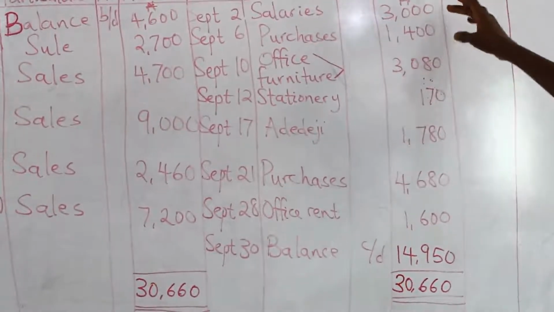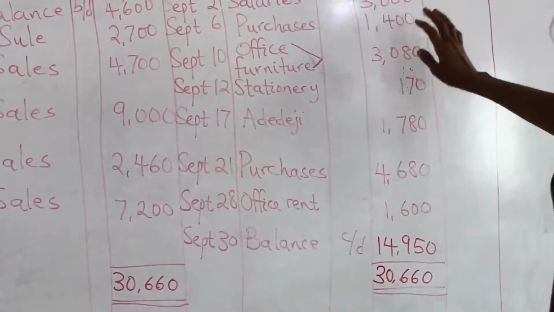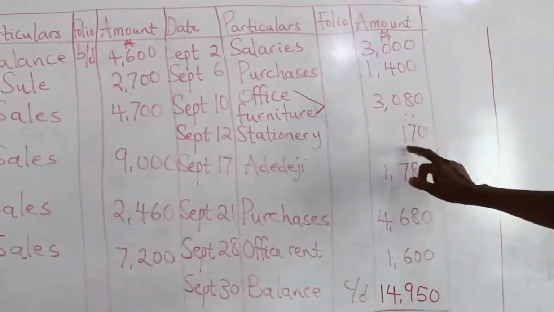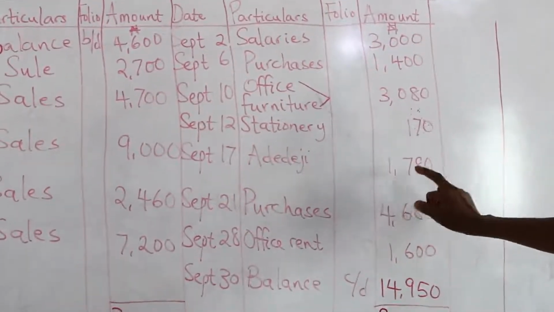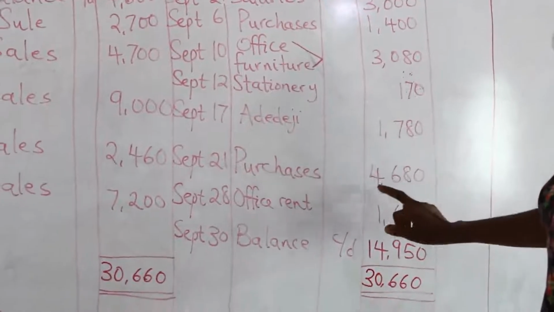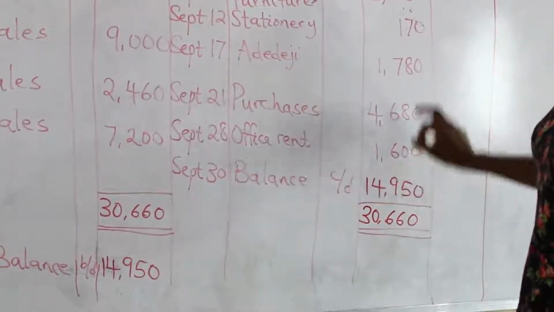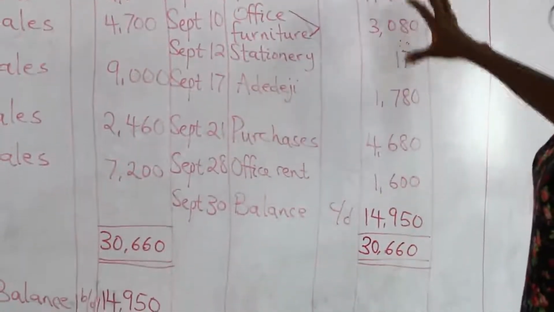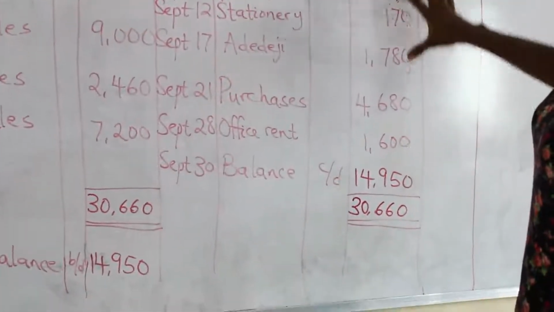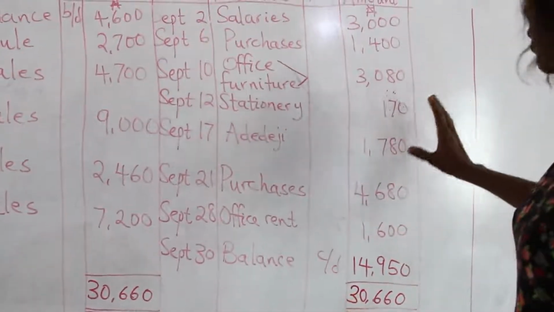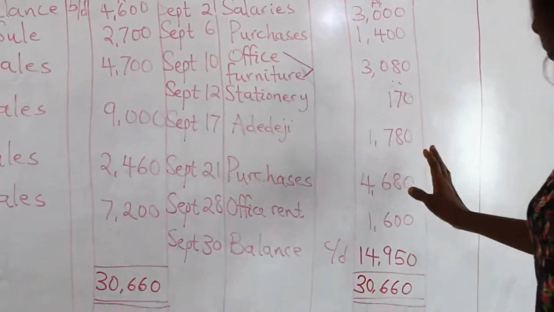I added up the figures 3,000, 1,400, 3,080, 170, 1,780, 4,680, 1,600 naira altogether. And the total sum of all these figures was 15,710 naira.